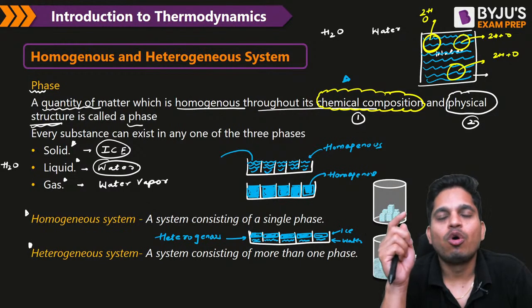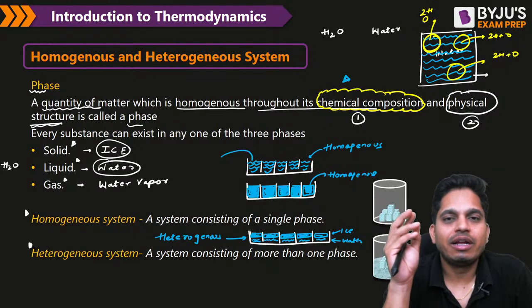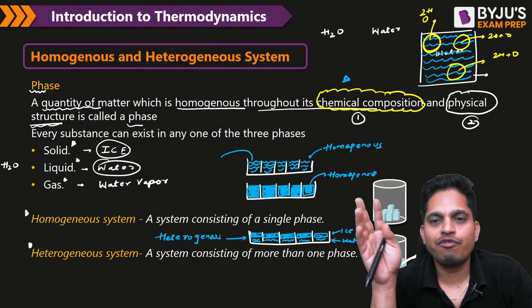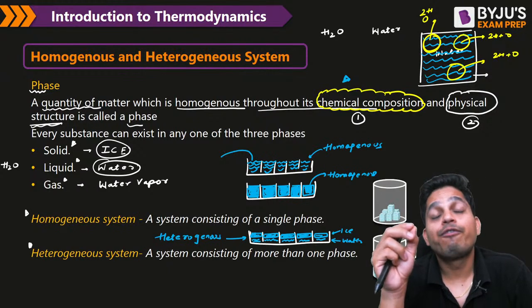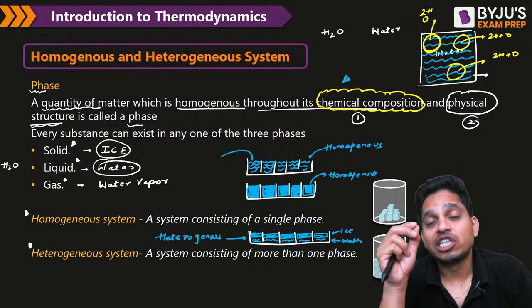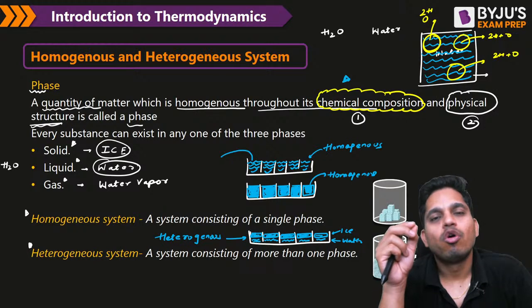Now, phase we have explained. If it is homogeneous in chemical composition and physical structure, it is called a phase. If the system consists of only a single phase, it is called homogeneous.